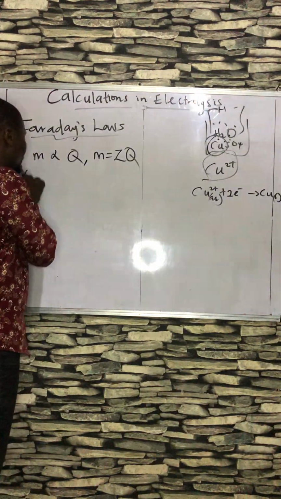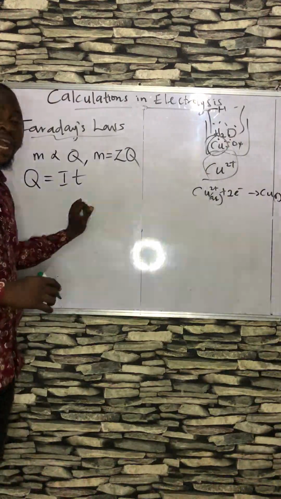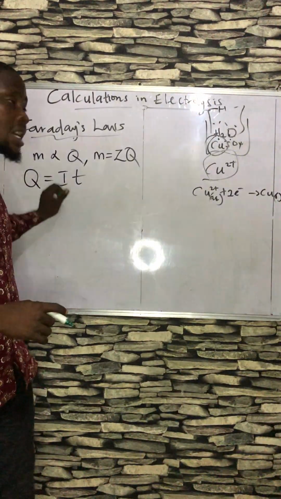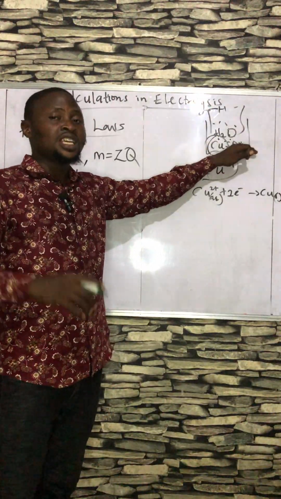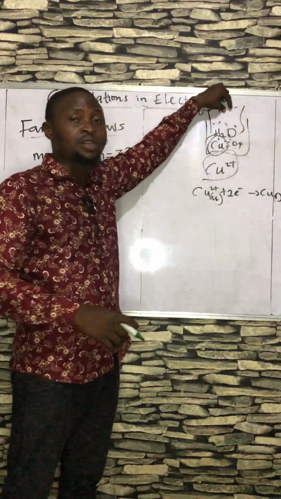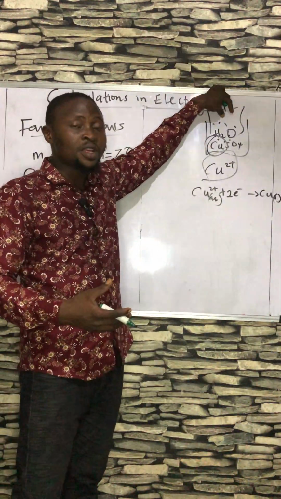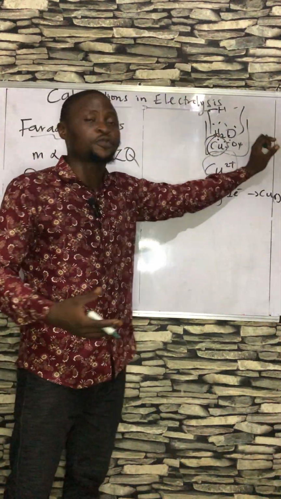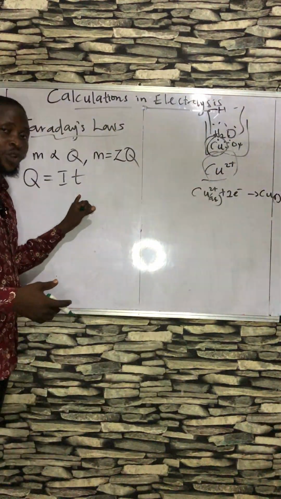Furthermore, this quantity of electricity passing through the electrolyte is given as current times time. To know the quantity that passes through the electrolyte, you need the current that the energy supplier delivers and the amount of time that the current passes through the electrolyte. Do we understand?